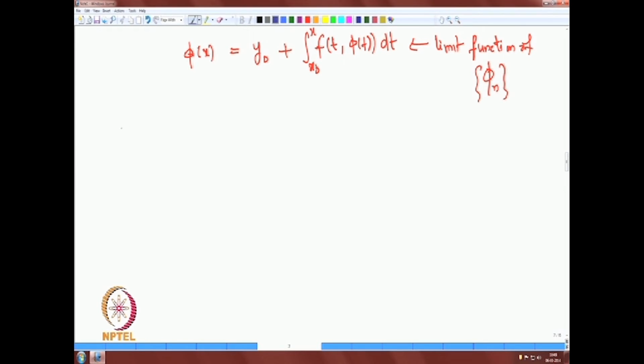Now, if you invoke the basic lemma, any function satisfying this integral equation has to satisfy the initial value problem.